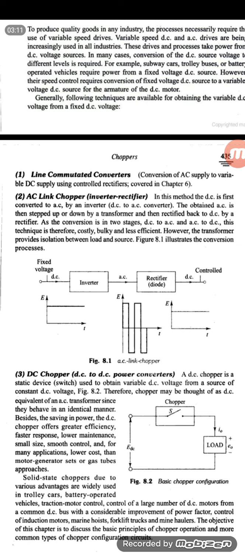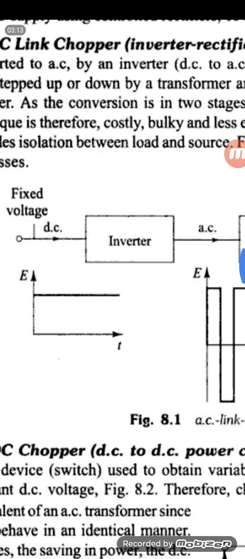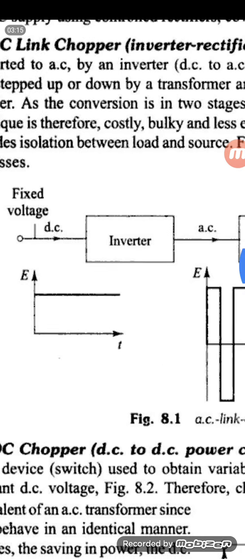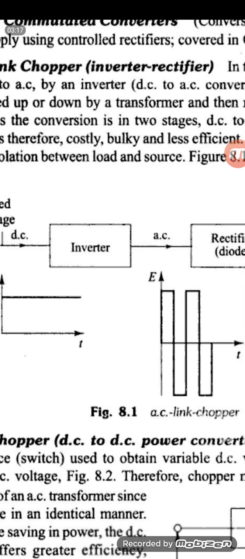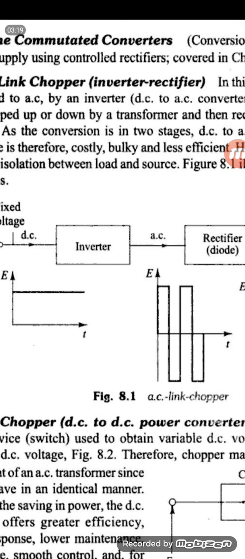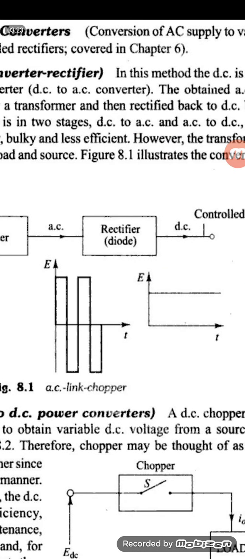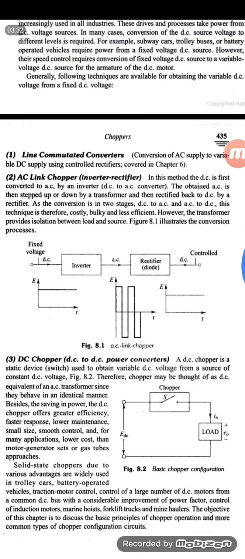Fixed voltage DC is given to the inverter, which converts DC to AC. After getting the AC from the inverter, we again use a rectifier, which converts AC to DC. So finally the output voltage is controlled DC.